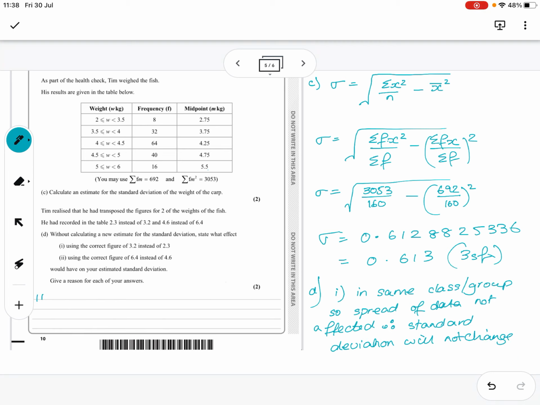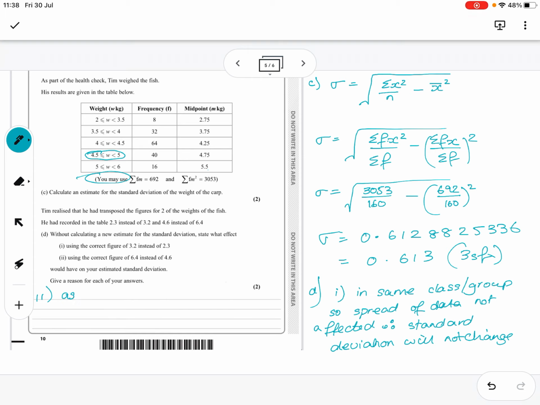Okay, and the second one, using the correct 6.4 instead of 4.6. Okay, 4.6 is here, 6.4 is here, so it's in a new column.